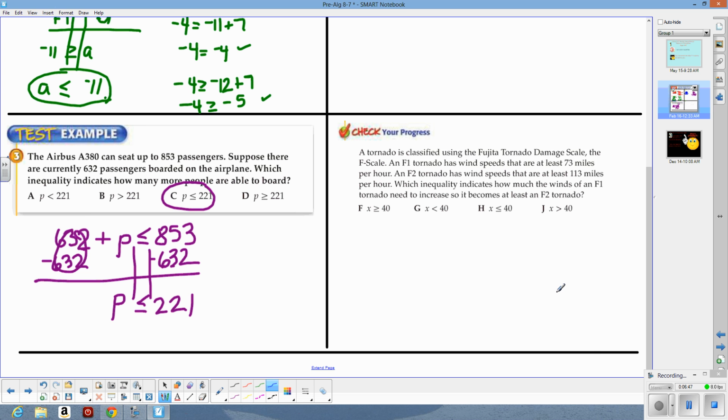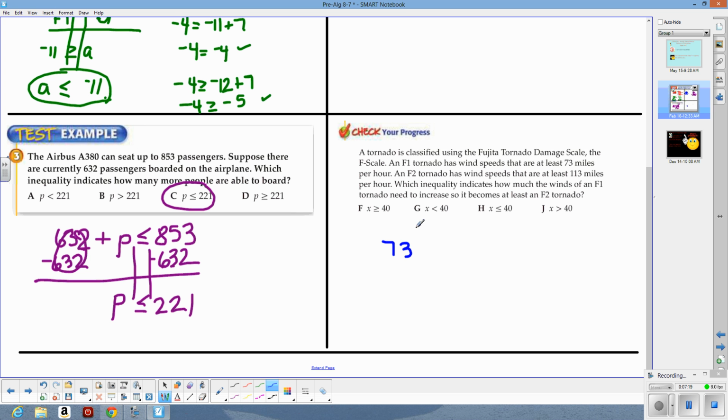Now this last one sounds really complicated, but if you slow down and think about it, it's really not too bad. A tornado is classified using the Fujita Tornado Damage Scale, the F scale. An F1 tornado has wind speeds that are at least 73 miles per hour. An F2 tornado has wind speeds that are at least 113 miles per hour. Which inequality indicates how much the winds of an F1 tornado need to increase so it becomes at least an F2 tornado?